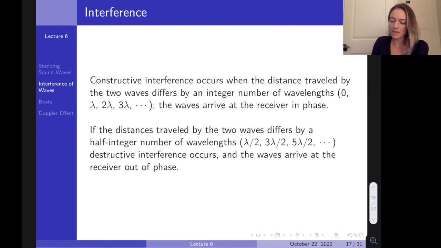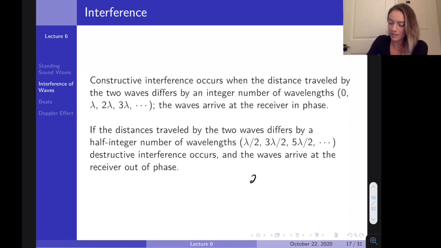So just to recap here, constructive interference occurs when the distance traveled by the 2 waves differs by an integer number of wavelengths, so lambda, 2 lambda, 3 lambda, and they arrive at the receiver in phase. But if the distance traveled by the 2 waves is off by half a wavelength, then they interfere destructively. So lambda over 2, 3 lambda over 2, 5 lambda over 2. And again, we only want odd numbers out here, right?